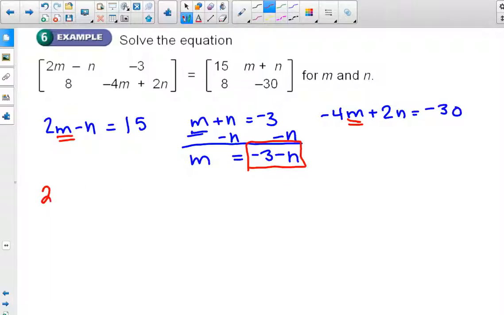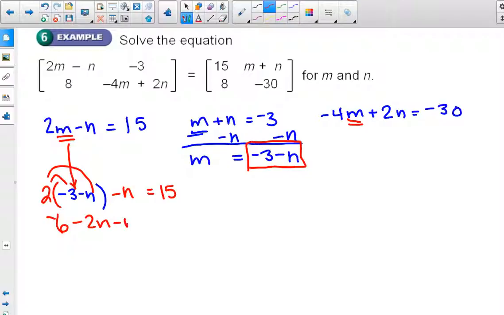So 2 times negative 3 minus n, because m equals negative 3 minus n, and that's what's here, right? And then we have minus n equals 15.